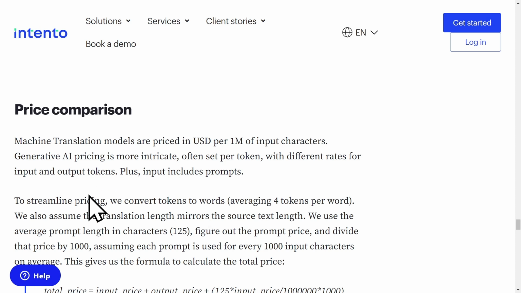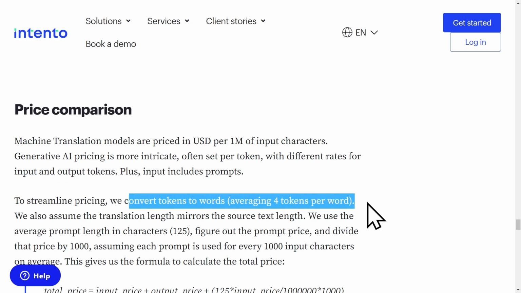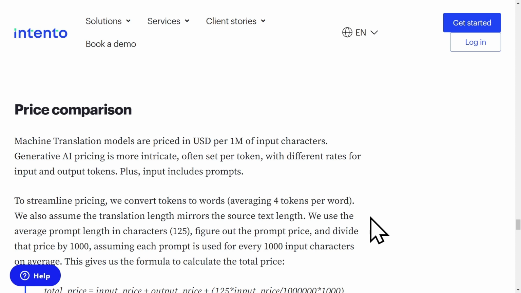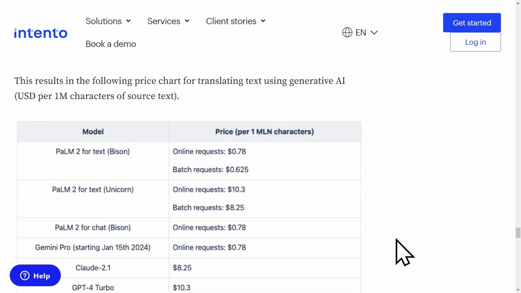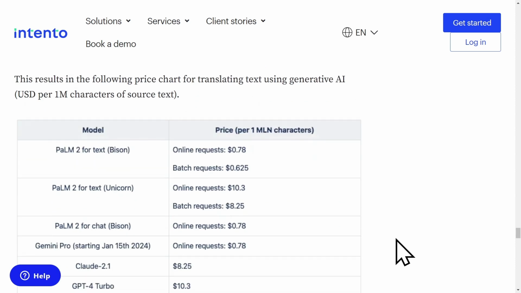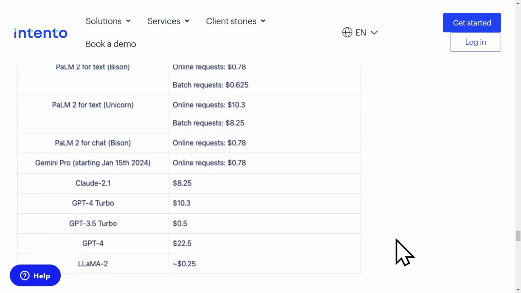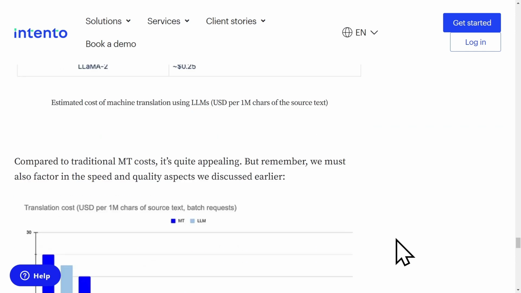So basically, the way they've looked at it to make the price comparison here in this article, they've converted tokens to words, averaging 4 tokens per word. And that's very good, because we're used to word counting or character counting when looking into translation. So that will be good. And so here you get your results, okay, with your numbers.